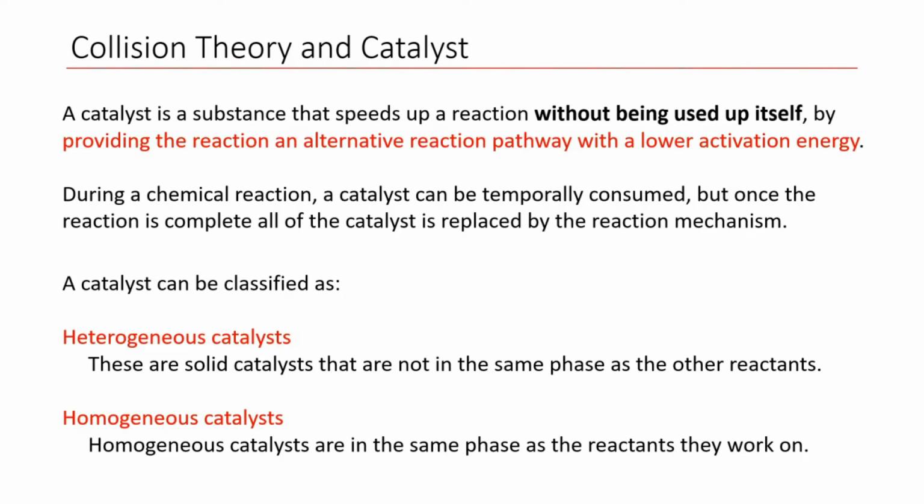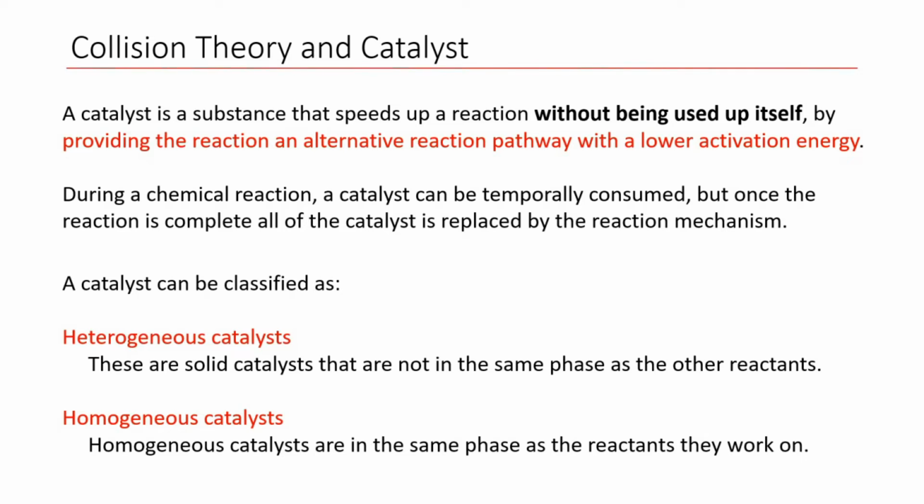Well, a catalyst is a substance which causes a reaction to occur much faster without being consumed itself. And the way that this occurs is it provides an alternative way for the reaction to occur. This new way of reacting has a lower threshold or activation energy.